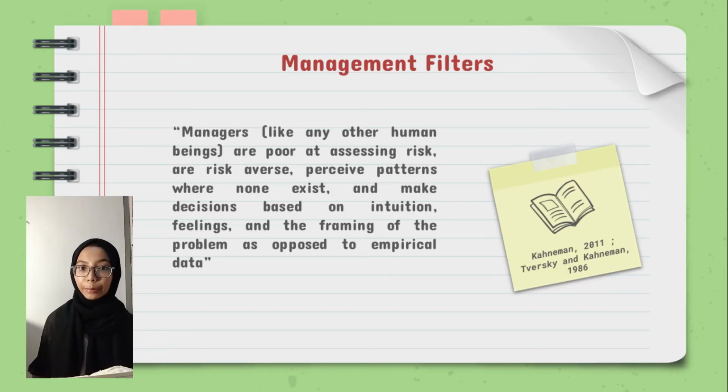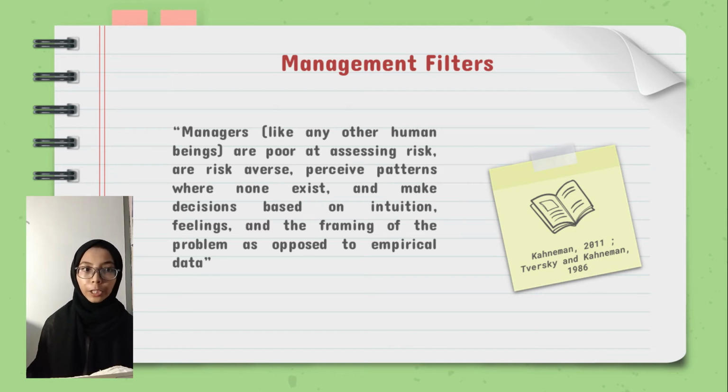The next one is management filters. According to journals by Tversky and Kahneman, even with accurate information, managers often make mistakes. Managers absorb information through a series of filters to make sense of the world around them.